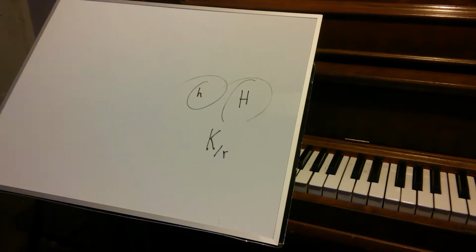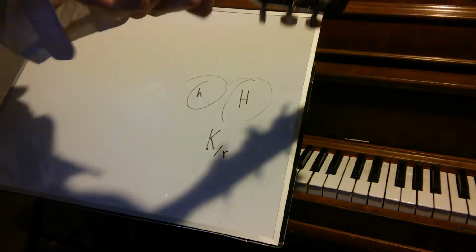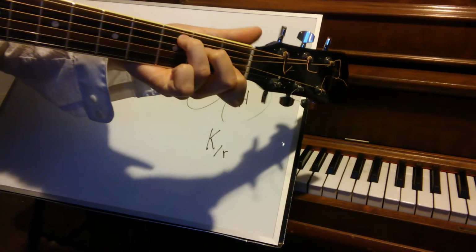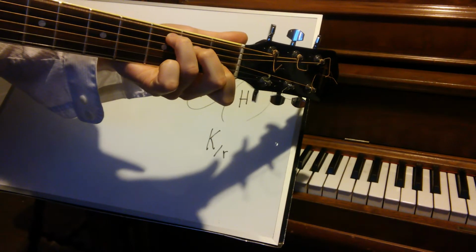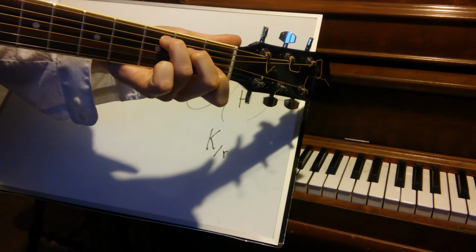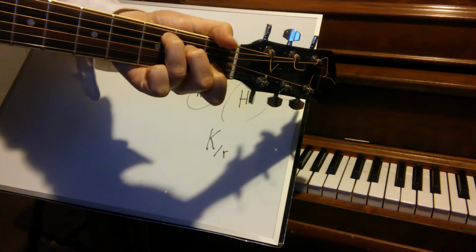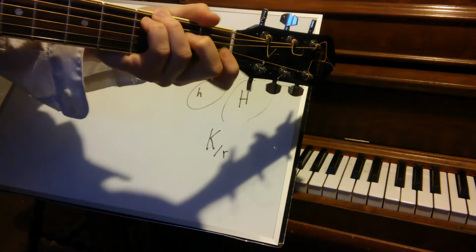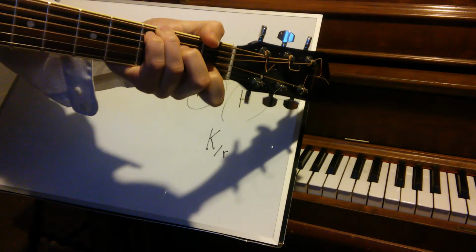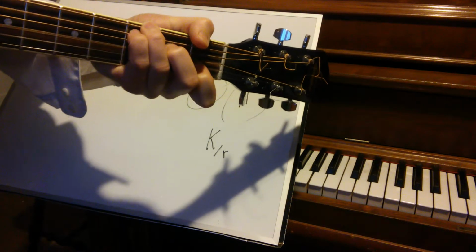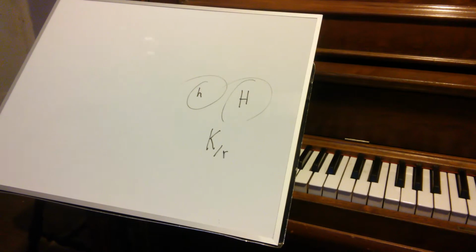The familiar one with that. So you've got a K chord there. You can have that open. You can have that not even played, or you can have that R. That's a common fingering there.